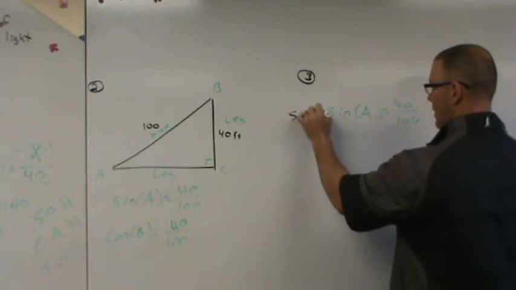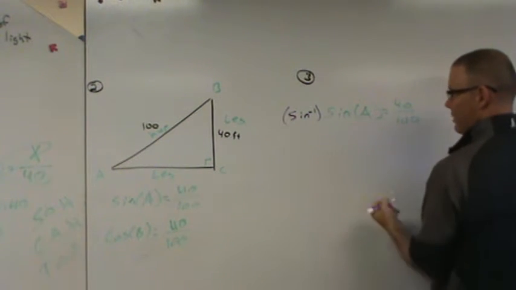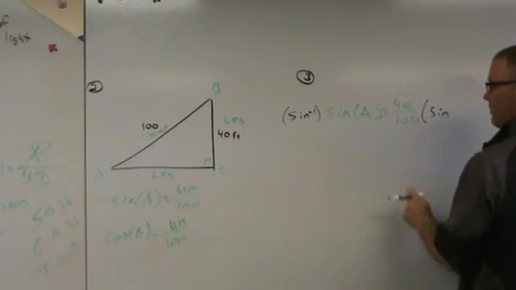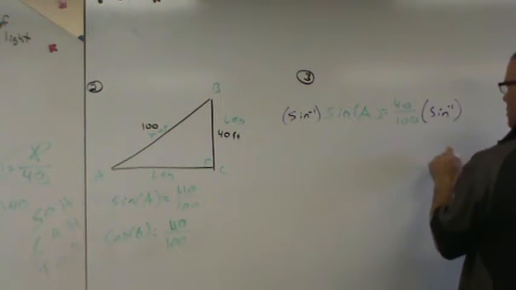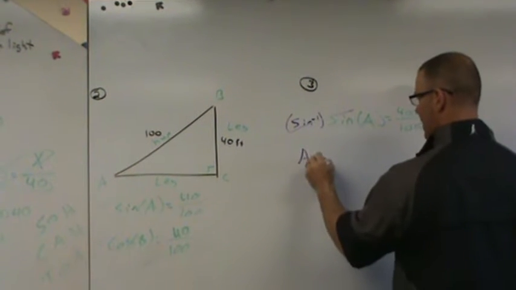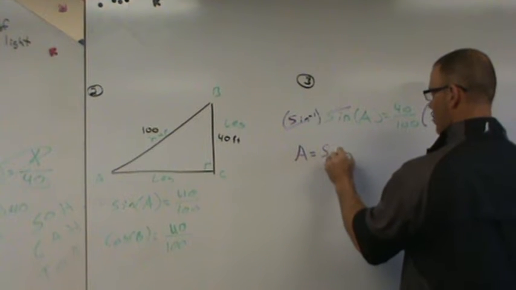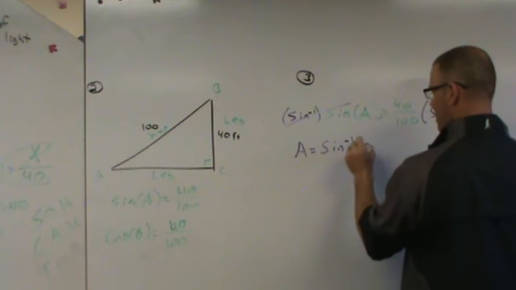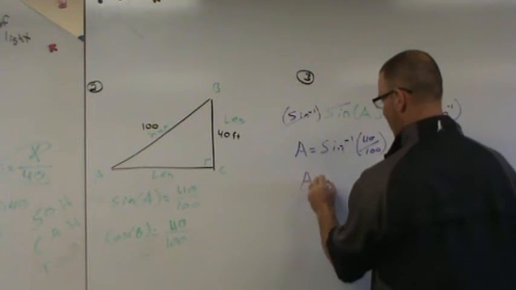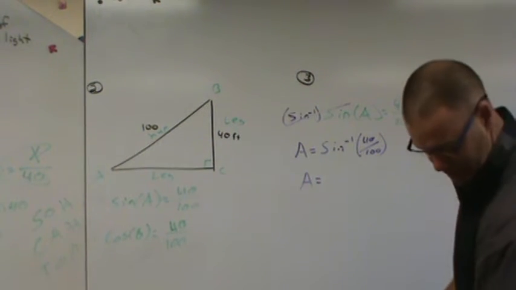I multiply by sine inverse, or I divide by sine inverse. Either way, it's the same thing. If I multiply both sides by sine inverse, A ends up by itself, and what you put in the calculator is sine inverse of 40 divided by 100, and that would tell you your answer.